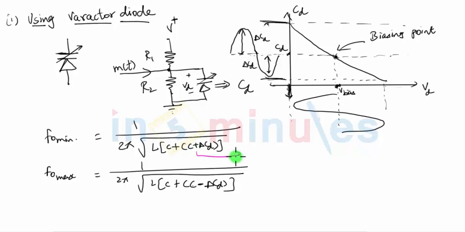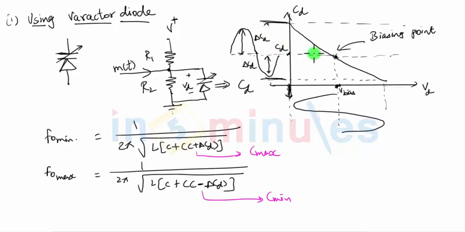So this is my maximum value of the capacitance, which will generate minimum frequency, and this is the minimum value of the capacitance, which will generate maximum frequency. And please remember that F4 min and F4 max will be exactly the same distance from F4 if the change in capacitance is exactly the same on both the sides of this midpoint biased value of CD.